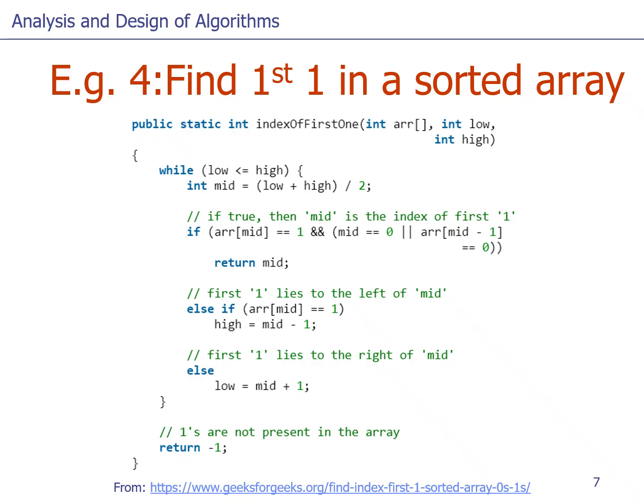Now, if this statement, if array of mid equal to 1, fails, this means array of mid is equal to 0. This means everything before it are also zeros. So I will come here, which is low equal to mid plus 1, meaning that my 1 is to the right, because I'm still looking at zeros.